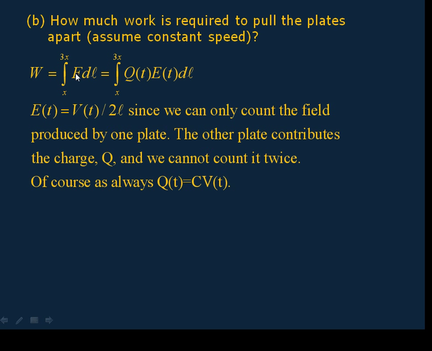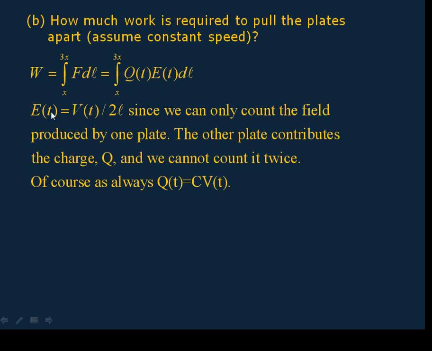In this case, there is a force on one plate due to the charge on the other plate, or due to the electric field set up by the other plate, and you're moving a distance from x to a distance 3x. So the work can be written as the electric field times dl, which is the work done per unit charge, multiplied by the charge q on one plate, which will give you the total work.